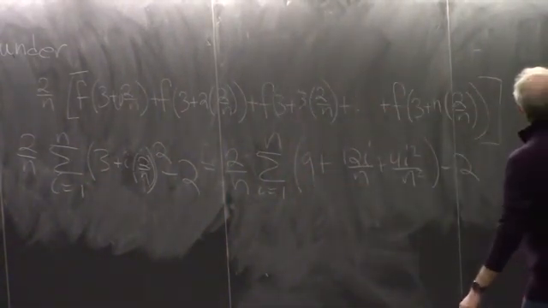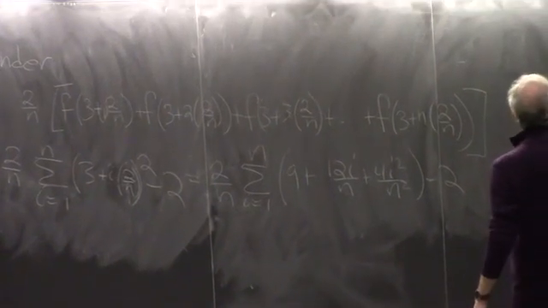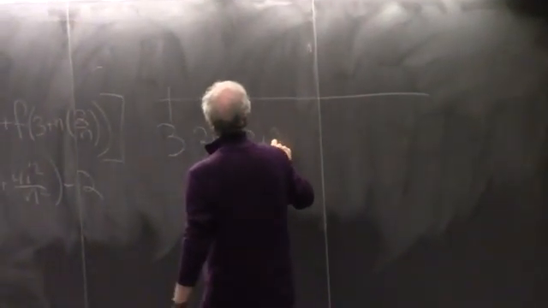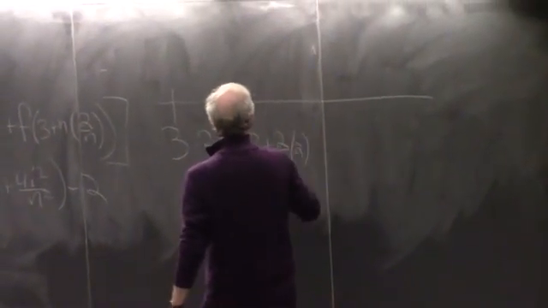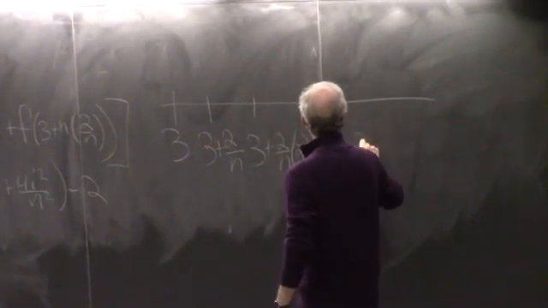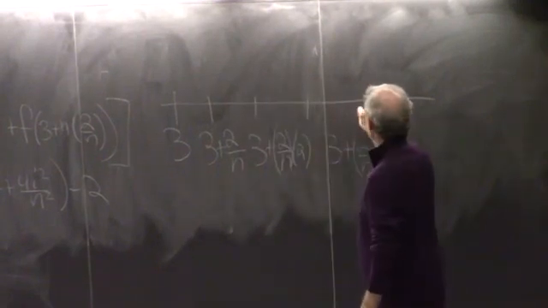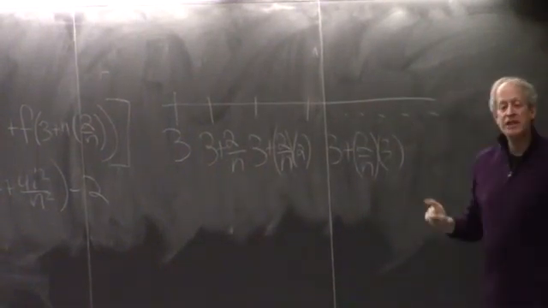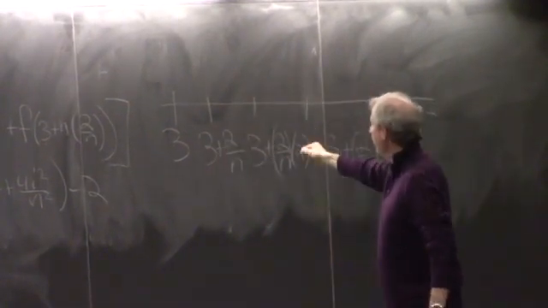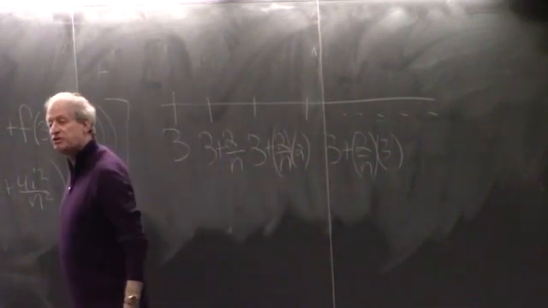If you think about the number line, this is 3, and I move 2 over n to the right, and I move 2 over n to the right again. So I did it 2 times. And I move 2 over n to the right again, 3 times. Okay? Each time, if I prolong the number line, I'm moving 2 over n to the right. So this i helps me keep track of how many times I do that.